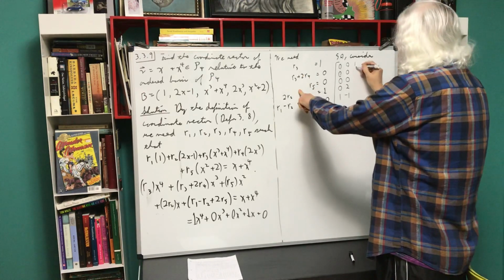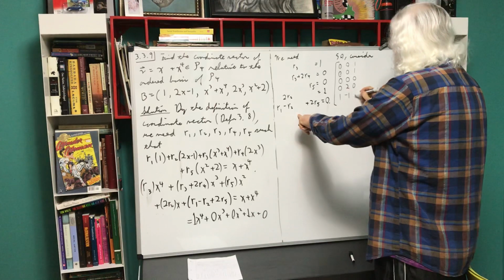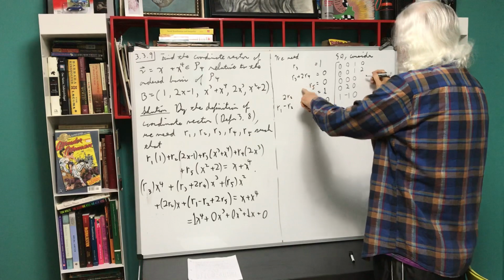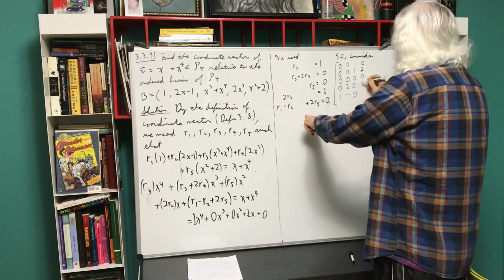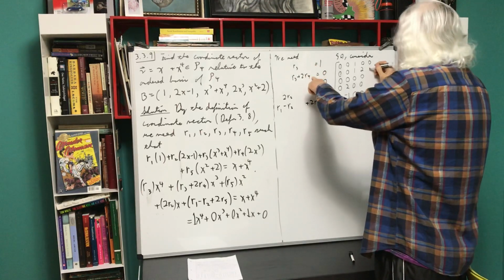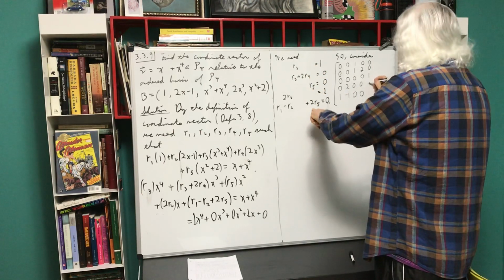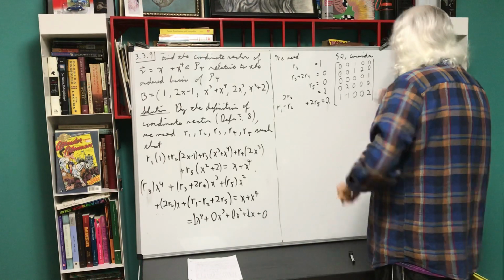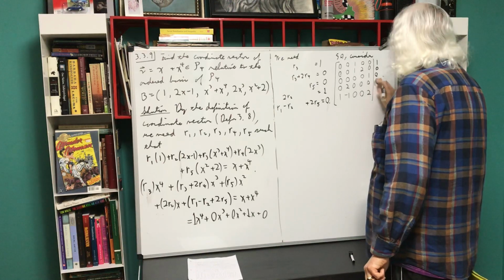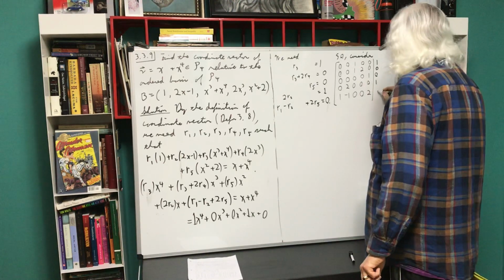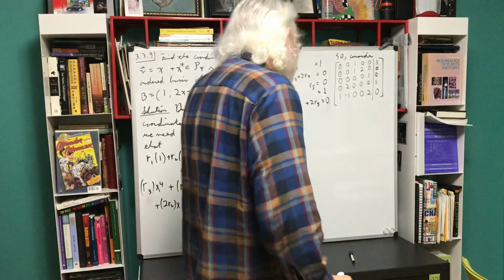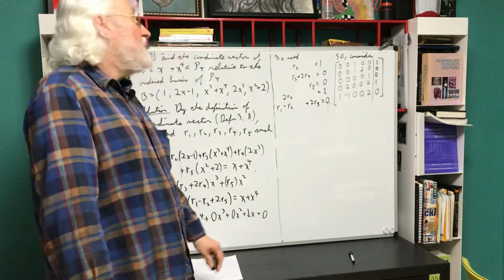Coefficients of R3 are 1, 1, and then zeros. Coefficients of R4, none others. Coefficients of R5 are 0, 0, 1, 0, and 2. We need that to give out the following. So there's the matrix associated with the system of equations.